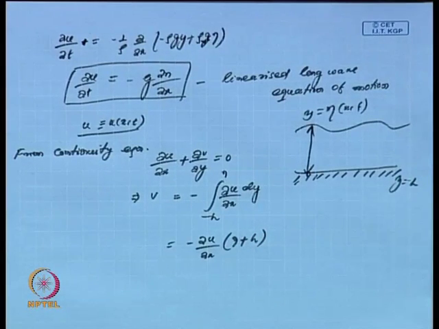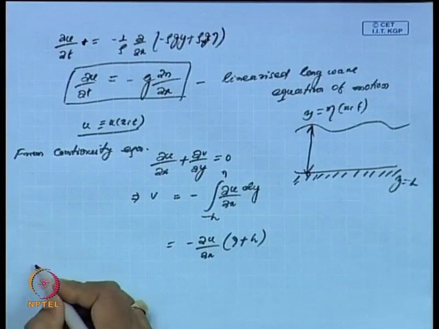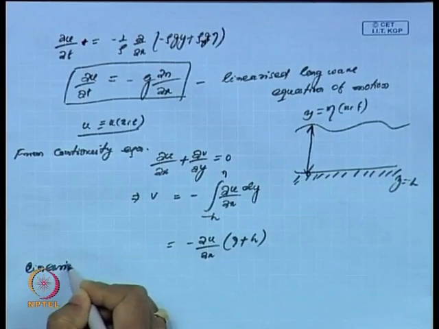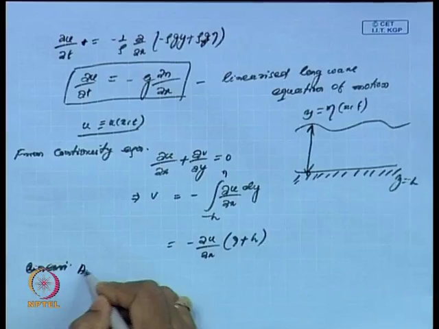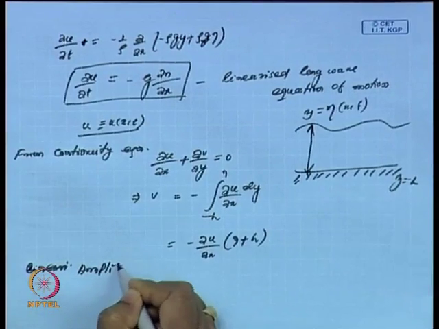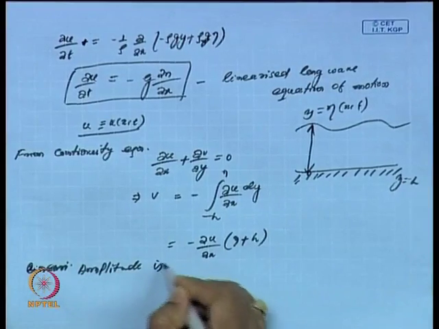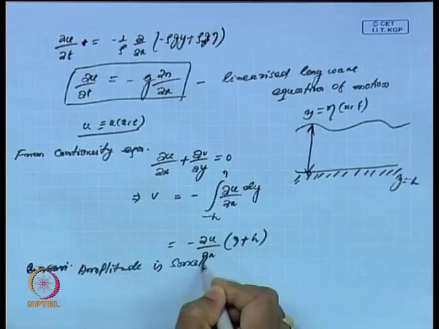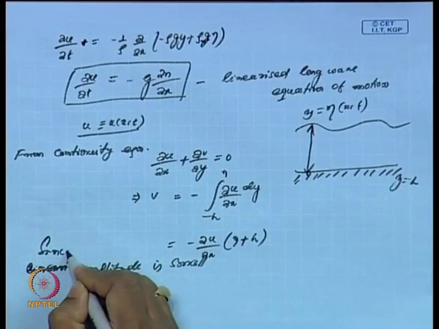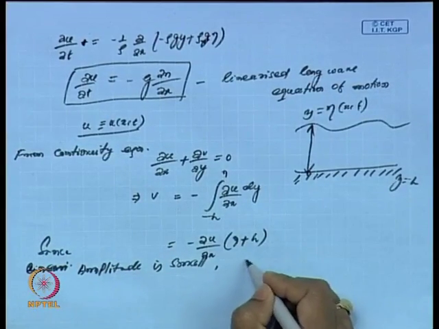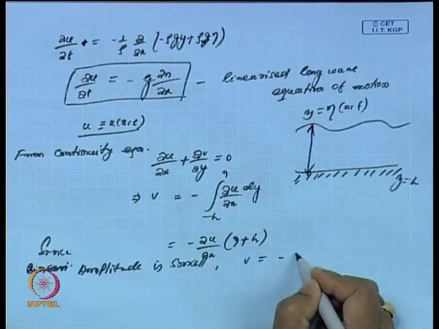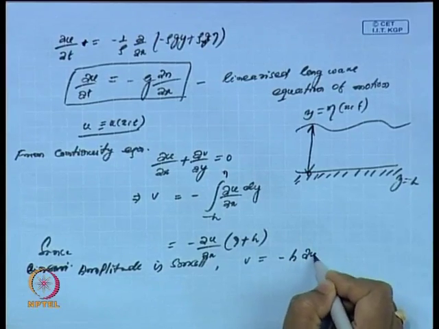And in the process, when I look at the linearized long waves, assuming amplitude is small, since amplitude is small, my v becomes minus h into del u by del x.